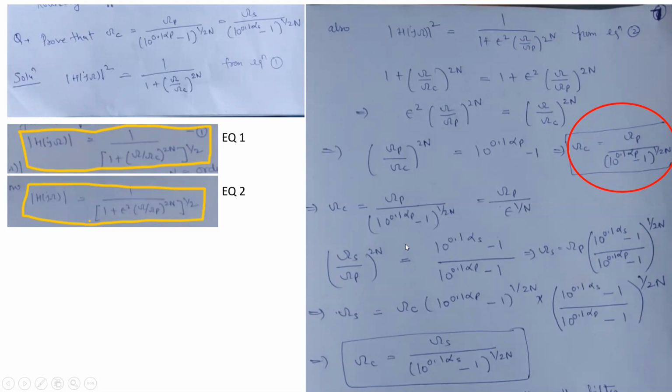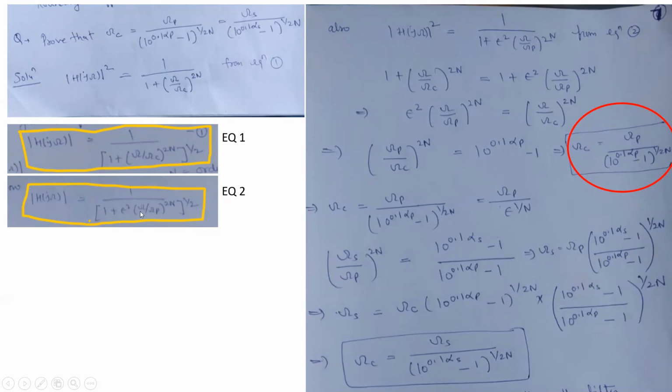But if it is not given and the stopband attenuation or stopband frequency is given to you, you will again use equation number 2, and in this case you will take log on both sides and calculate the 20 log value on the right hand side and left hand side of the equation.